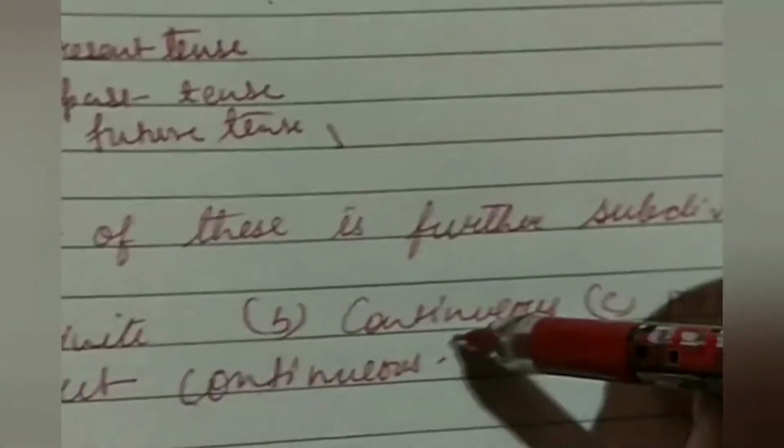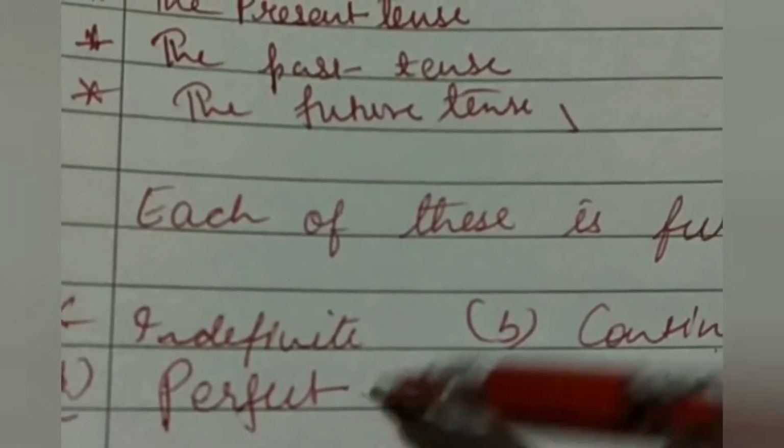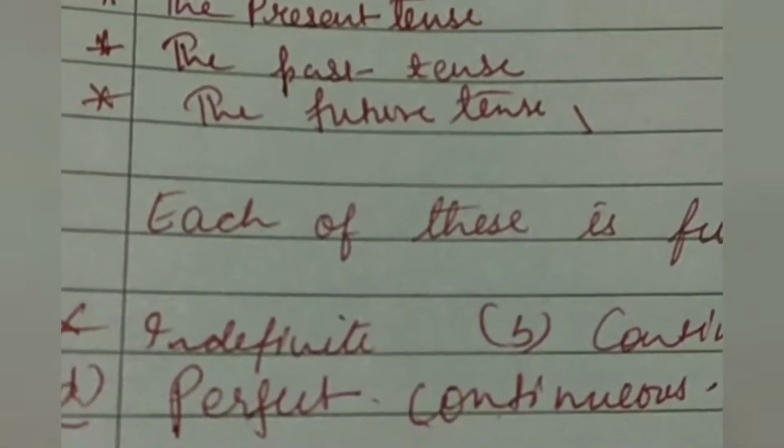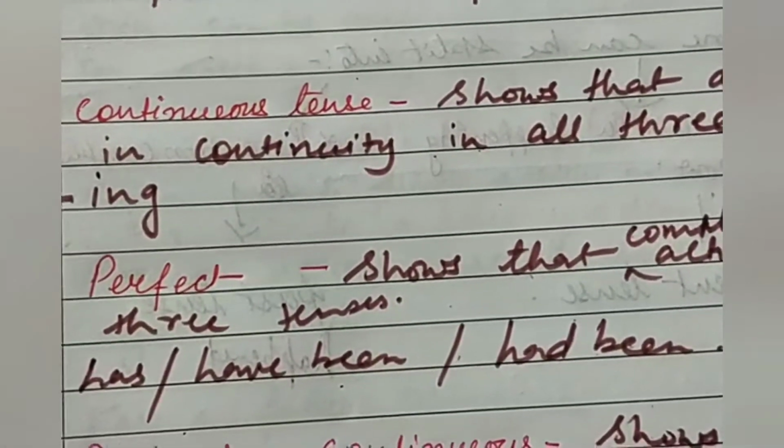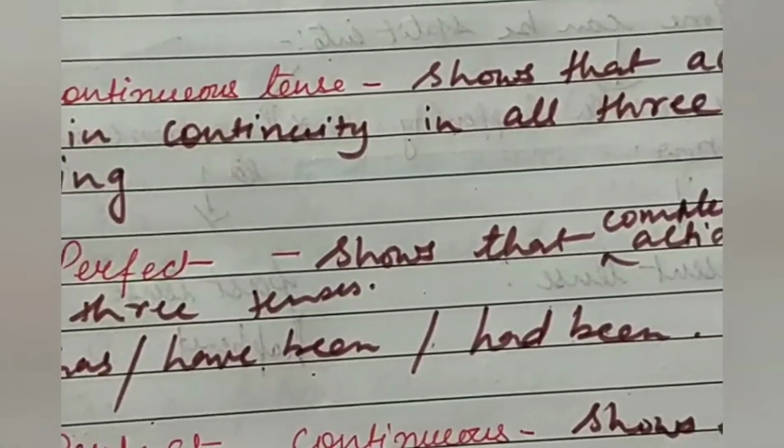Then continuous tense, perfect tense and perfect continuous tense. So indefinite tense shows that the action remains unfinished in the present, past or future. Continuous, as the name suggests, shows that the action started and is continuing in all the three tenses.